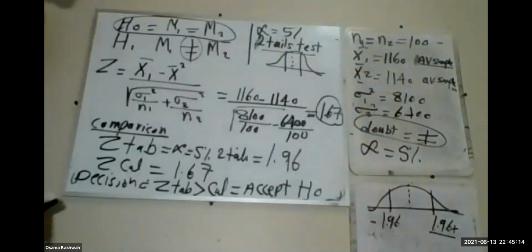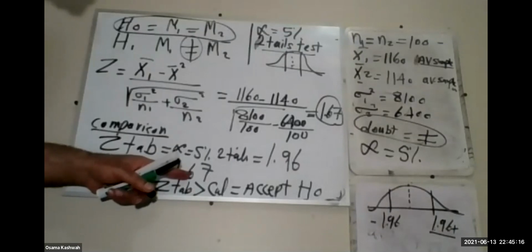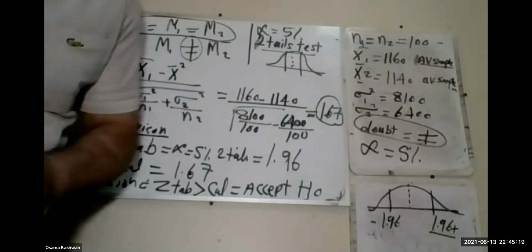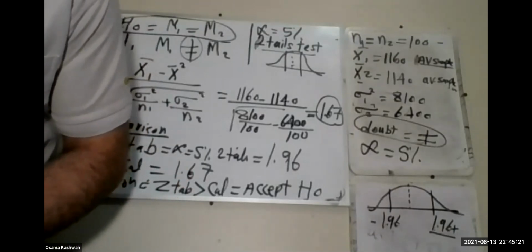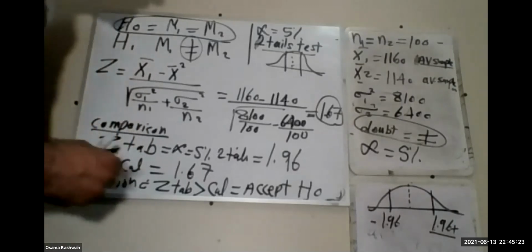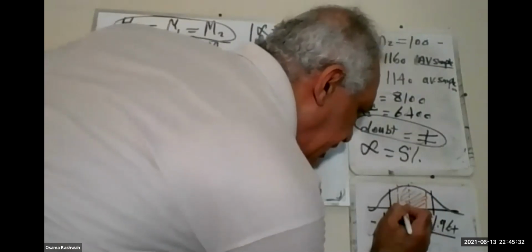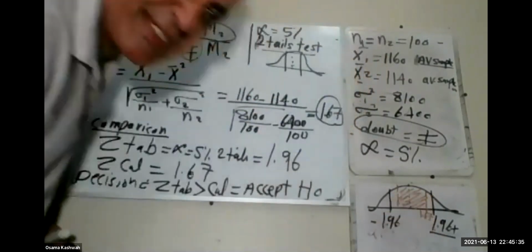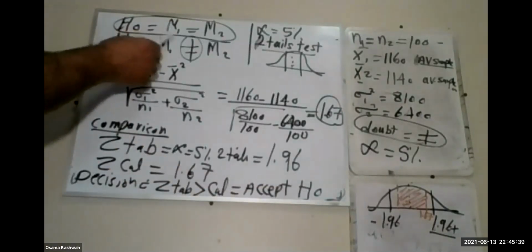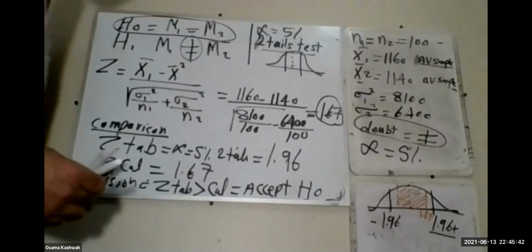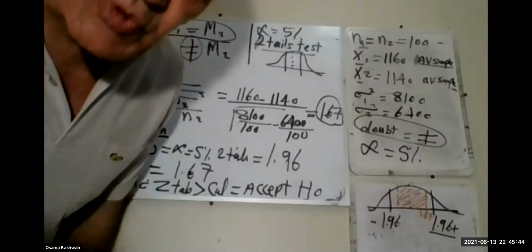But the calculated is 1.67, which means it goes inside, it is within the tabulated region. Look at this, it's here inside. So as long as the calculated is less than the tabulated, we accept H0. H0 is telling us that there is no difference between the life of the two bulbs.